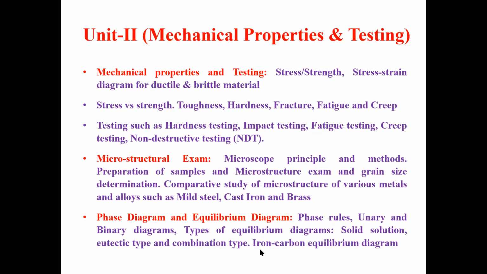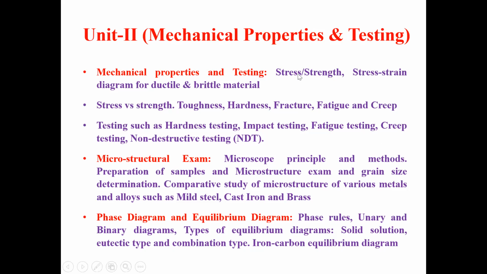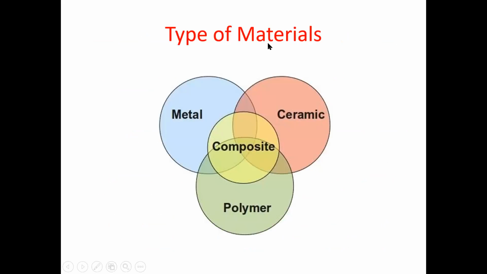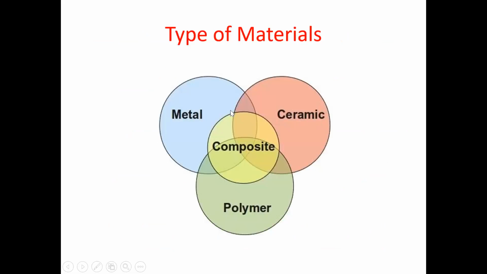Okay, so let us move to the next slide, that is related to the very first property, stress and strength. So as you know, this particular unit is to find out the mechanical properties and testings for various materials, and we can define the materials in this type: metals, polymers, and ceramics.